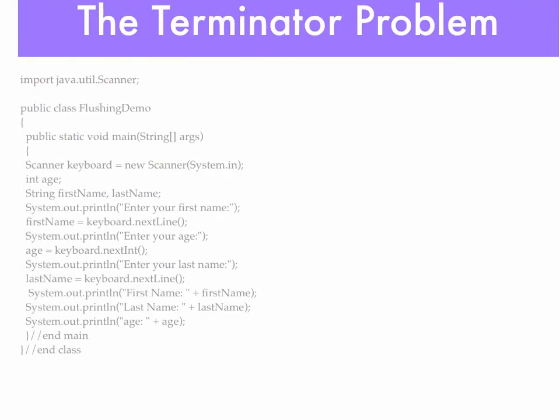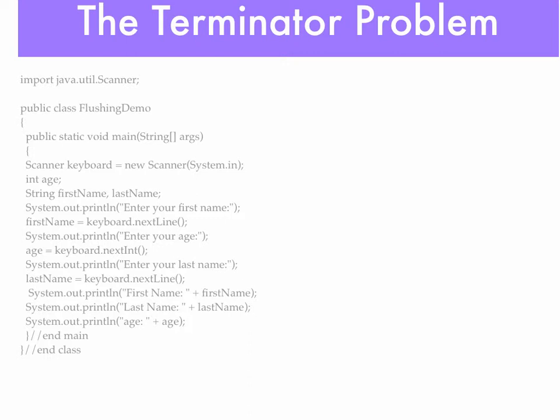Now, here's some code. Here's a very simple program that declares an instance of the class Scanner inside the main method. You'll note that I have the import java.util.Scanner outside the class. So I've established that I want to use the capabilities of that class. I have created an instance of the class, and now I can use the methods. And so I have declared an int called age, a string called firstName, a string called lastName.